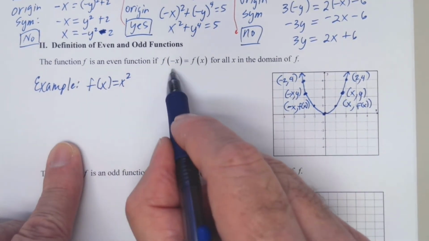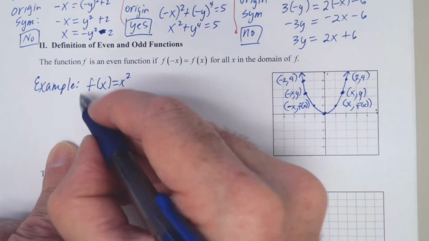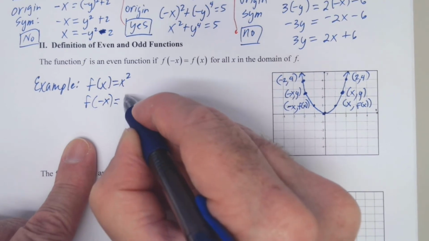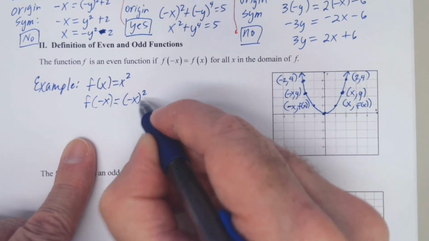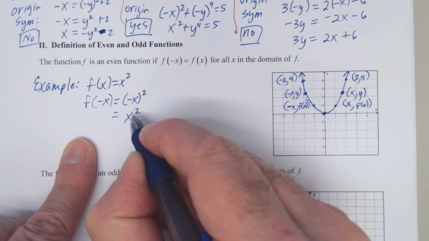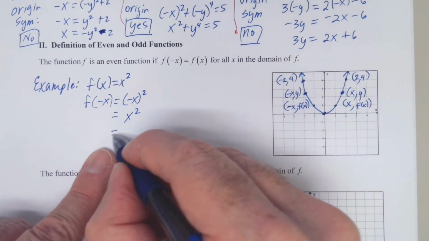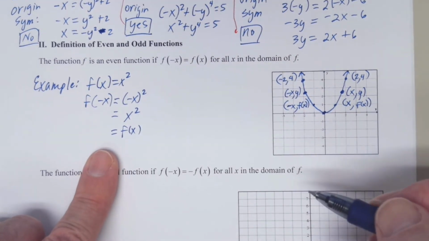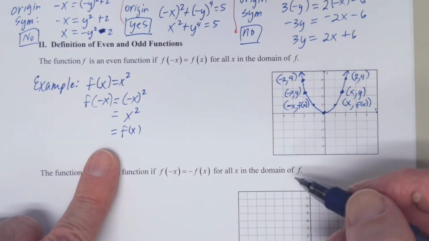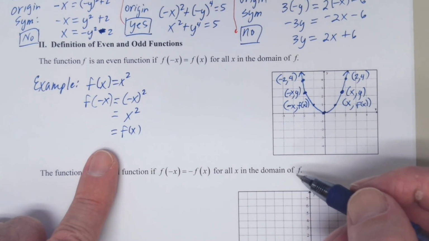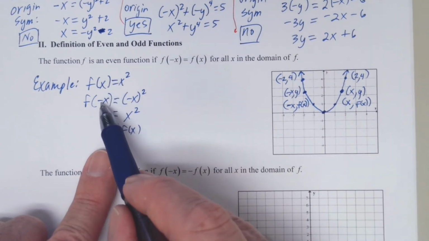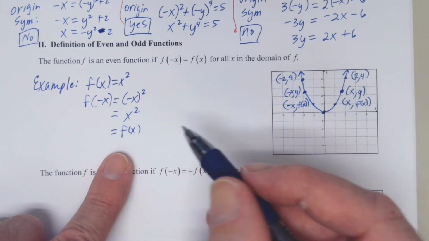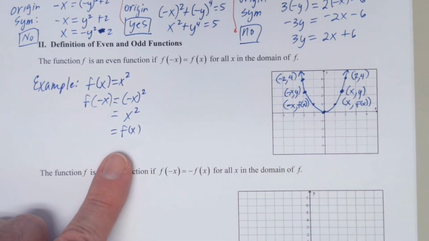Notice it says if f of minus x equals f of x. So let's plug in minus x here. We get minus x squared, which is equal to x squared. Notice that's equal to f of x, our original function. And so for that reason, this is considered an even function. We replaced x with minus x, and we end up getting the same output, x squared, which is f of x.